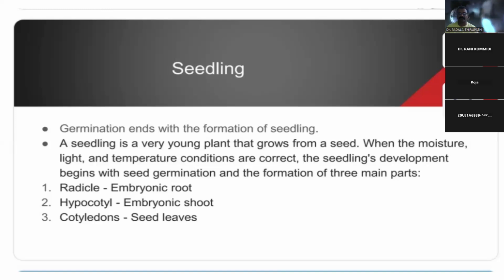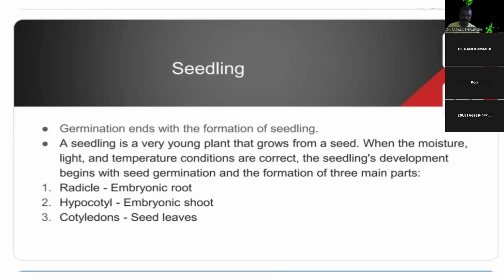Based on the behavior of the cotyledons, germination is epigeal or hypogeal, as we discussed. In some seeds such as tamarind, cucumber, cotton, gourds, and castor, the cotyledons are pushed upward above the soil. The germination is said to be epigeal.